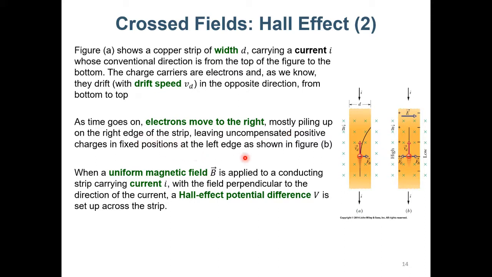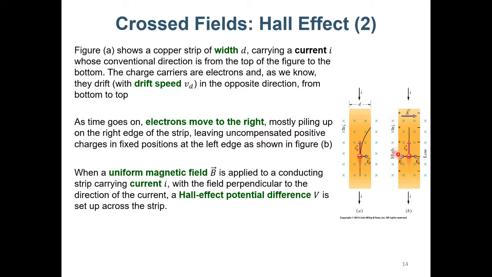So there will be F_B acting on this electron. So it will go to the right side of this strip. So actually, there will be a negative induced charge on the right side and a positive induced charge on the left side.